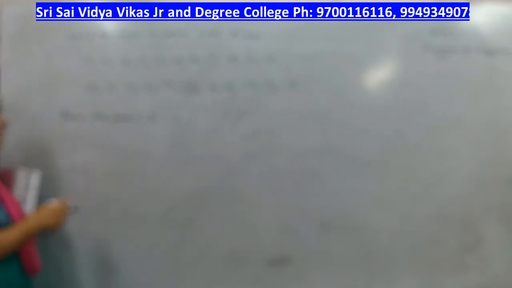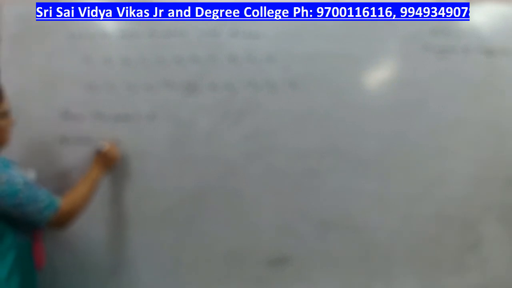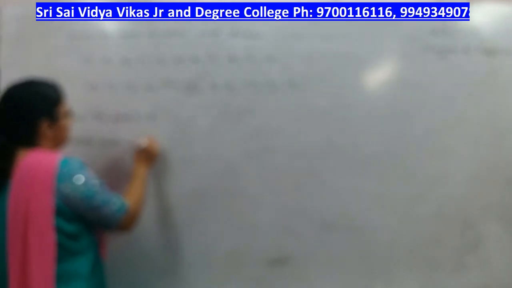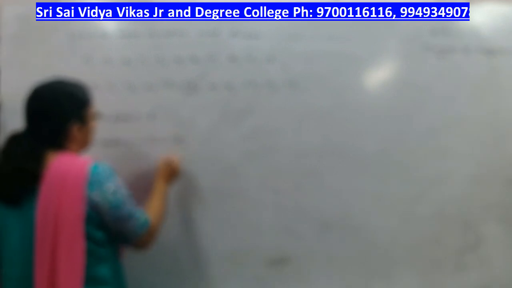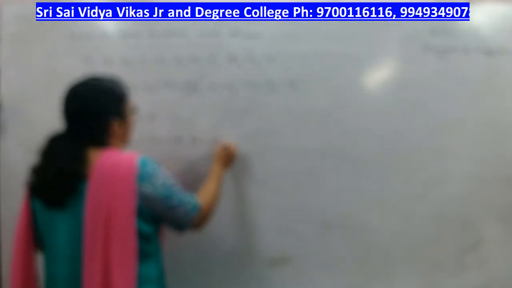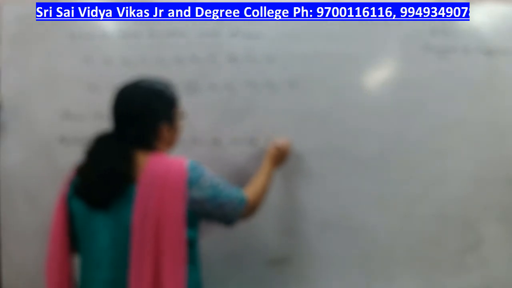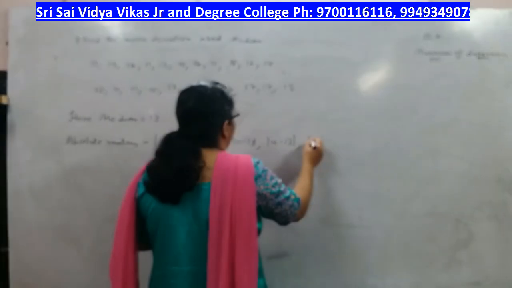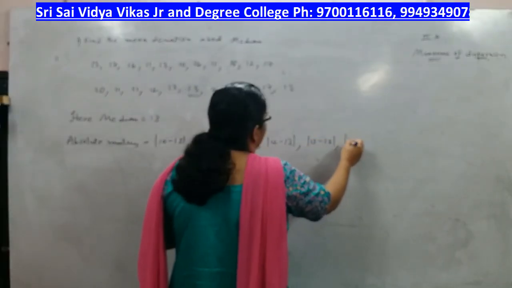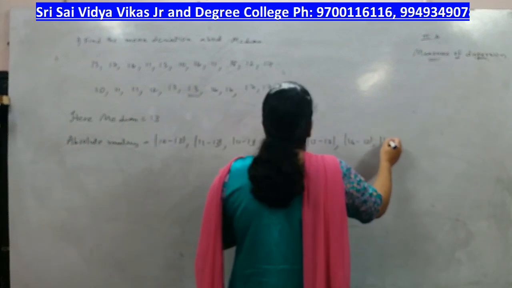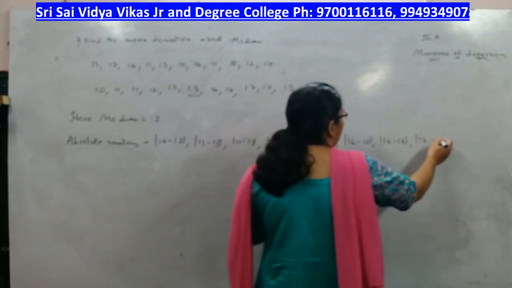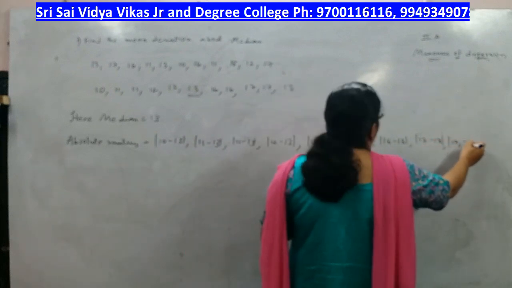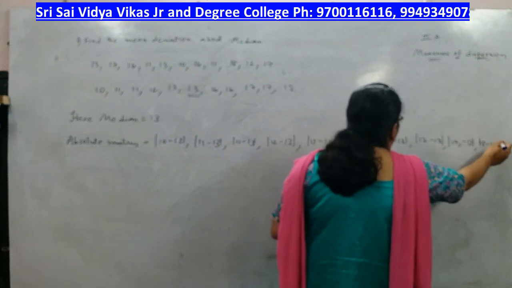Next we have to find absolute values. First one is 10 minus 13, 11 minus 13, 11 minus 13, 12 minus 13, 13 minus 13, 16 minus 13, 16 minus 13, 17 minus 13, 17 minus 13, 18 minus 13.